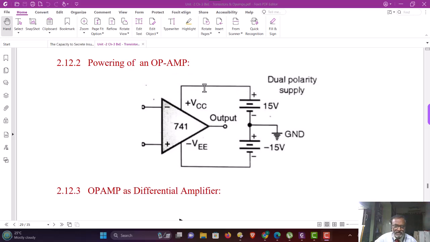Then the upper terminal, or positive terminal of the upper power supply, is now plus VCC with respect to ground, and the negative terminal of the lower power supply is minus 15 volt with respect to ground, and that is connected to the power supply terminal of the op-amp. Here, a sample op-amp 741 is taken into consideration.